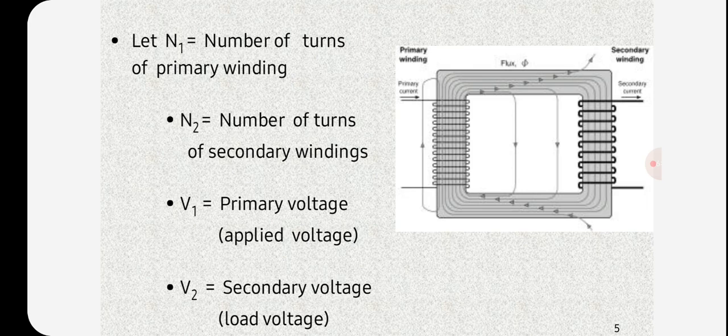V2 is the secondary voltage or voltage across load in volts. Φm is the maximum flux in the core in Webers. Φm can also be written as maximum flux density times area, and f is the frequency in hertz.